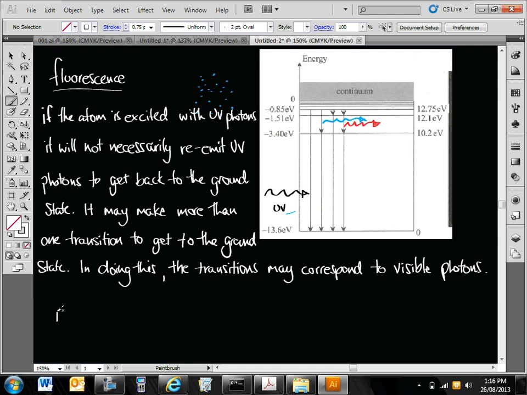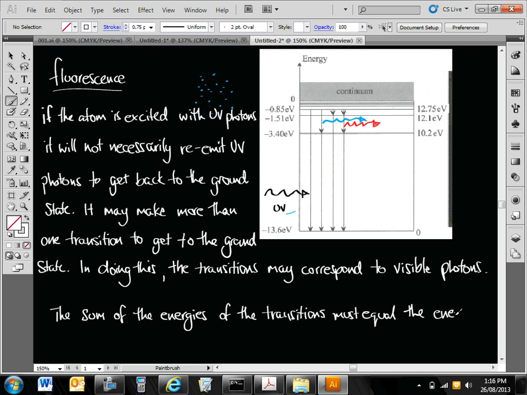The sum of the energies of the transitions must equal the energy of the original photon.